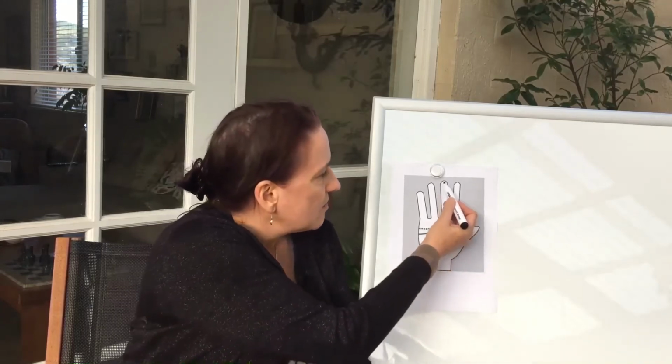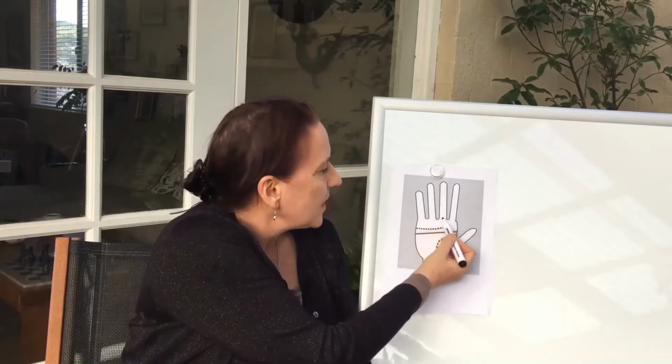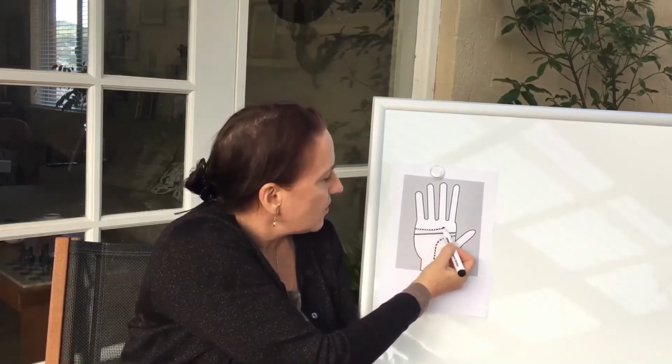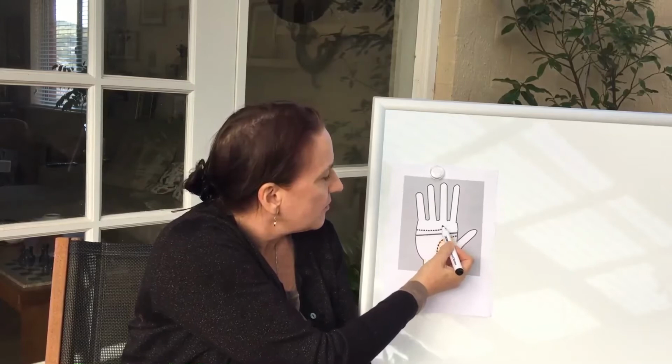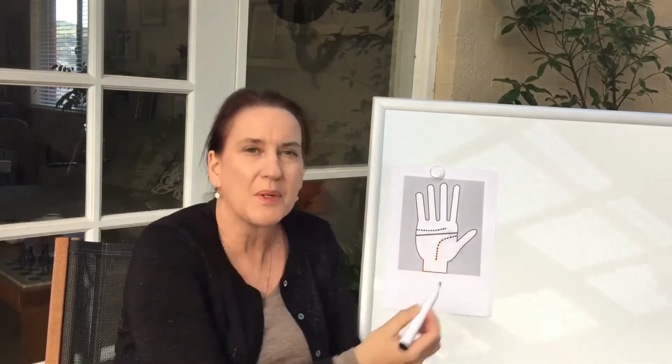What you need to be wary of is a line that might be short. And when I say short, it finishes under this middle finger here. And if it is like this one here, and it's short and it finishes under here quite abruptly and doesn't have branches, then you might be with someone who's more receptive in love, not a giver, might be a little bit selfish, a taker.